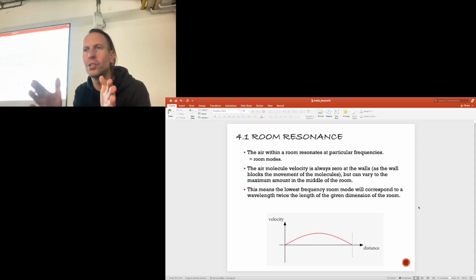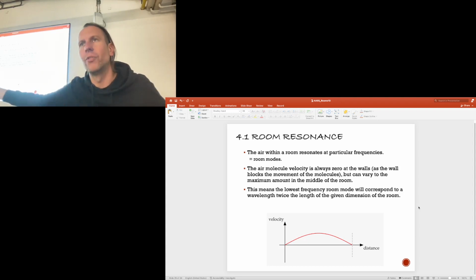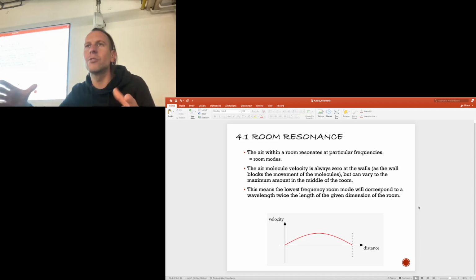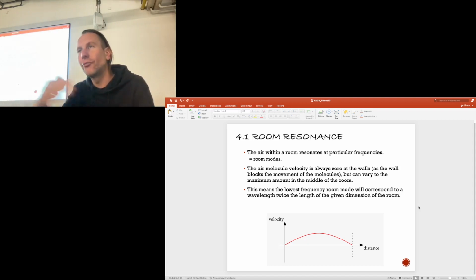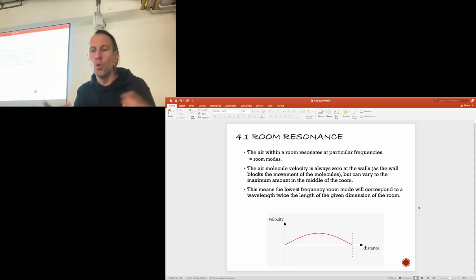So the room is just a fragment the size of the bass frequencies. If you're operating in this range, the room acts as a pressure zone, so you don't get waves in different phase in different parts of the room. So the whole room is pumping, so to speak.